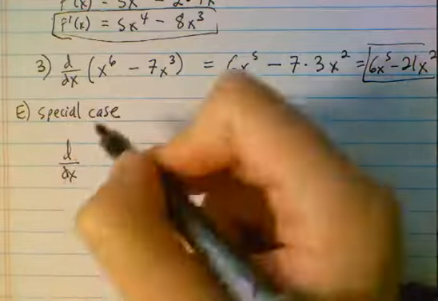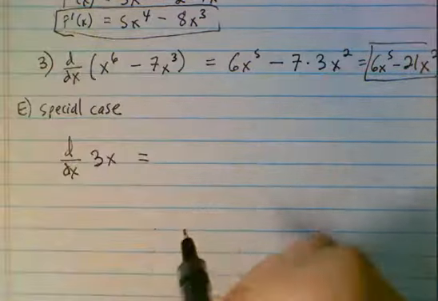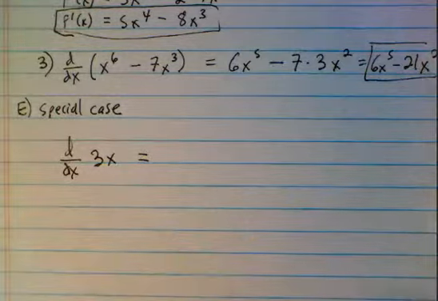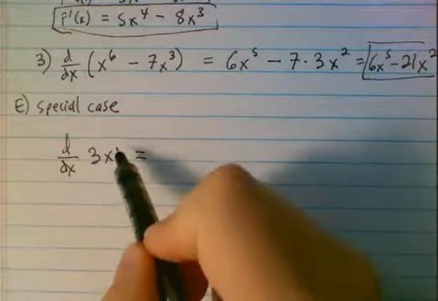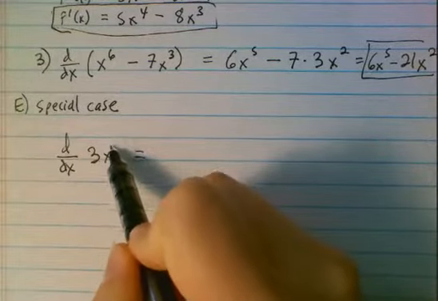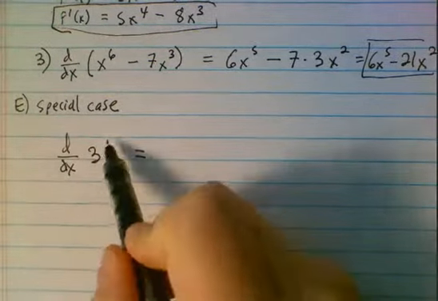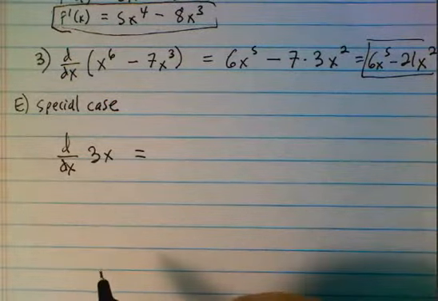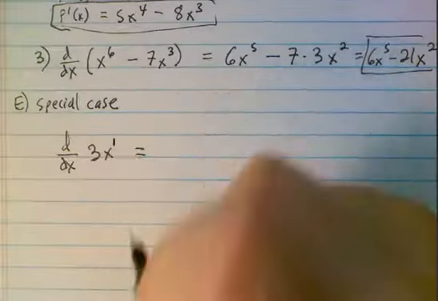We're told to take the derivative of 3x. Now, we know that our power rule is to take down the exponent, bring it down, and then subtract 1. But right here, we don't see an exponent. The thing to remember is that this is an invisible 1.